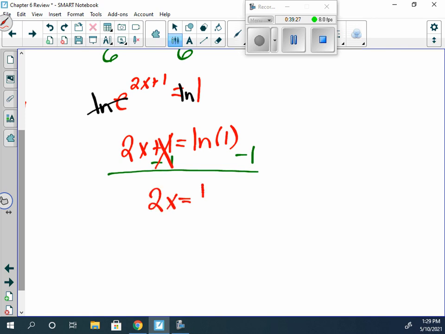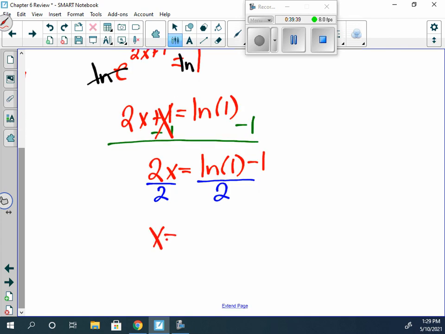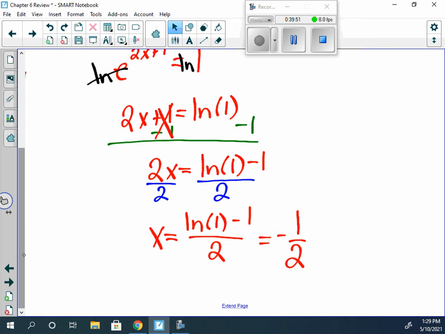So 2x is equal to the natural log of 1 minus 1. And last but not least, we can divide both sides by 2, which tells me x is equal to the natural log of 1 minus 1 divided by 2, or negative 1/2. So the value of x for this is negative 1/2.